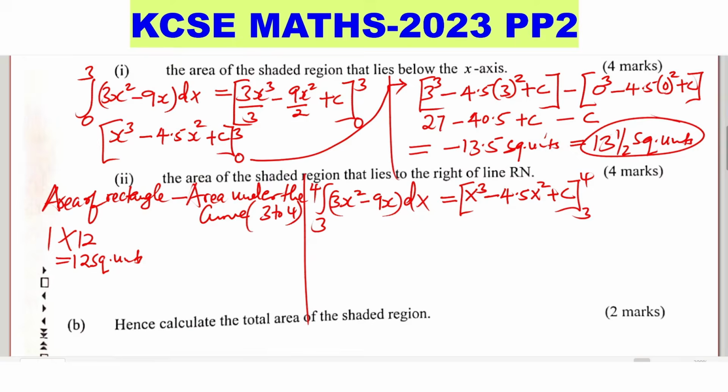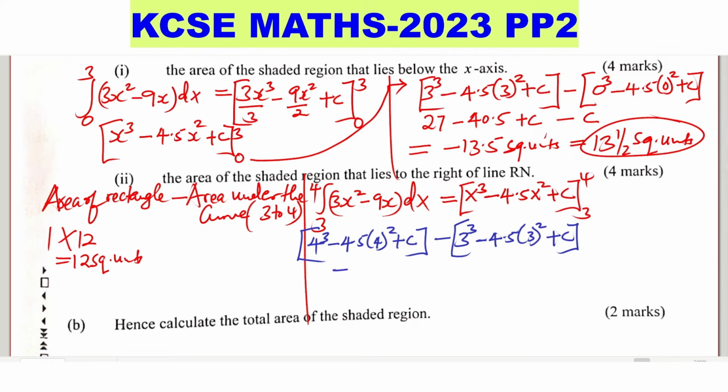So from there, we need to substitute 4. So this is what we're going to have. We shall have 4 cubed minus 4.5, 4 squared plus c. Then substitute 3 where we have x. So you have 3 cubed minus 4.5, 3 squared plus c. So you work out 4 cubed minus 4.5 multiplied by 4 squared.